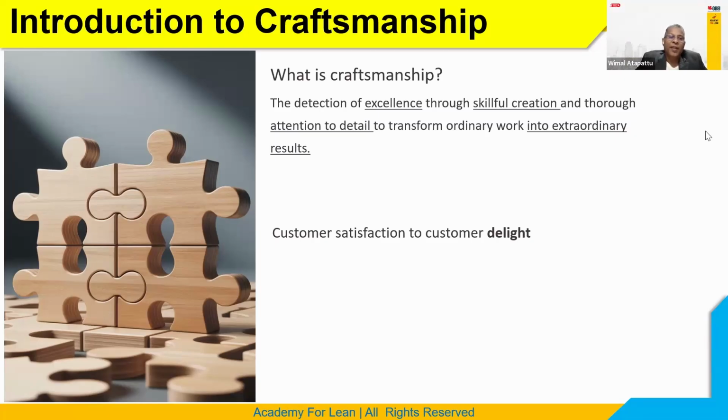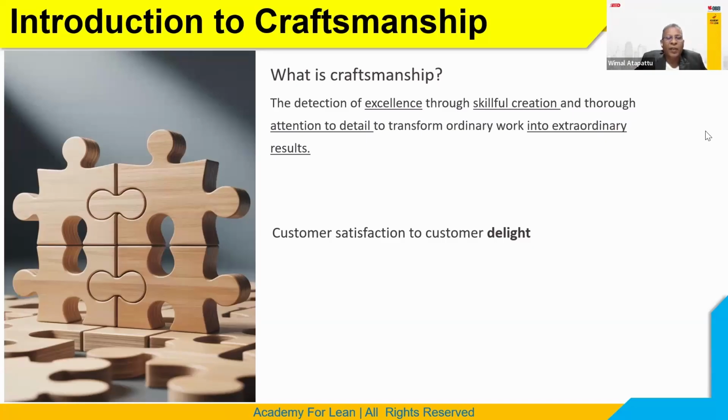Maybe, as I said, some products or services fulfil the basic requirements. But attention to detail means even the minor things, the minor details, they have looked into. In apparel, for example, inside of the garment, if there are thread ends, generally a normal customer will not care about that.